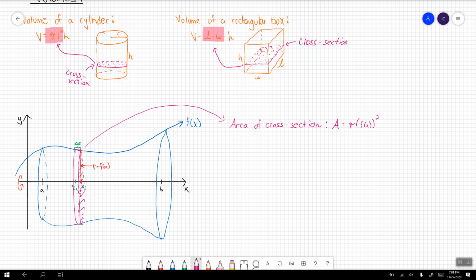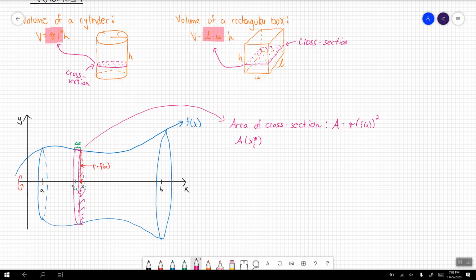Now that's really interesting, because now this area of the cross section becomes dependent on this function, and more importantly, it becomes dependent on the x value that we choose, that sample point. Therefore, we can rewrite the area of the cross section as your area that's based upon your sample point in those x values.